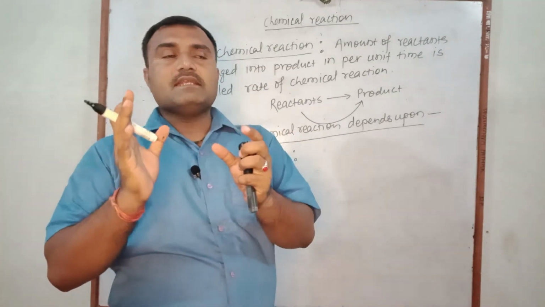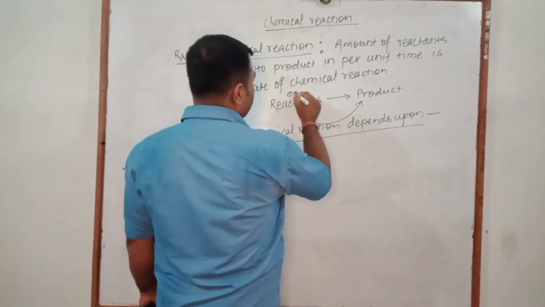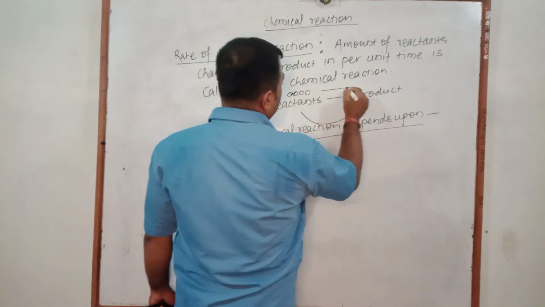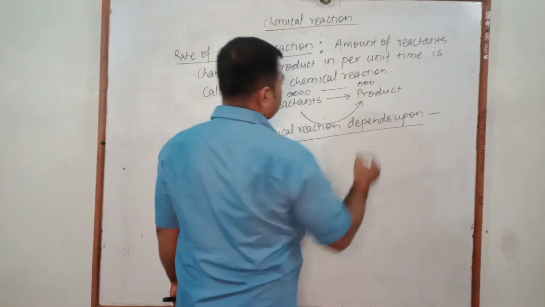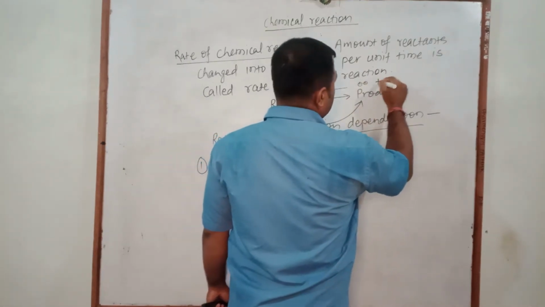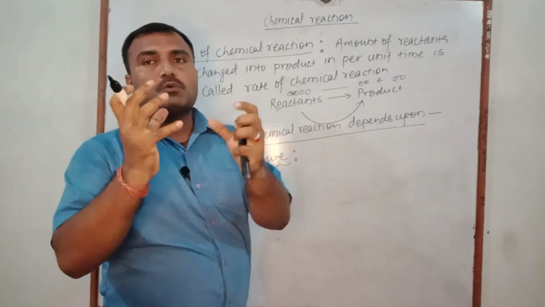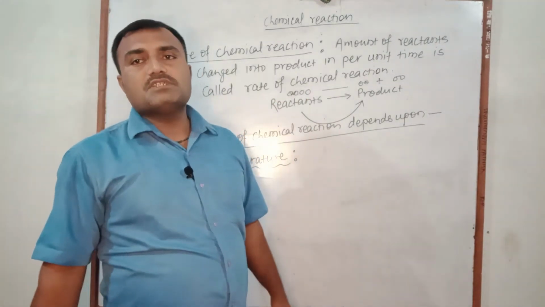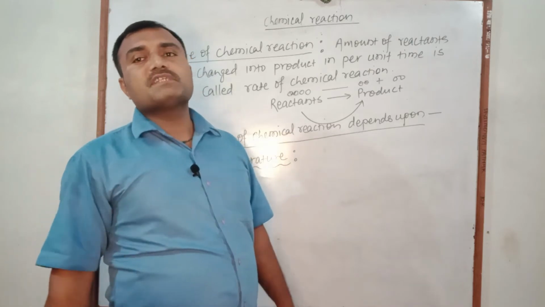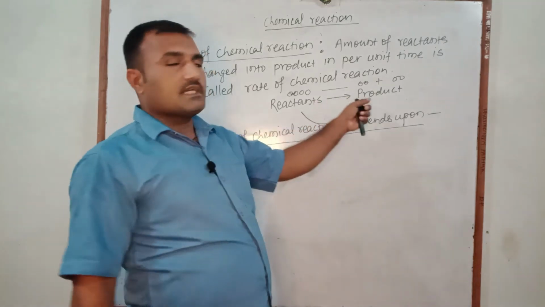As we know, when reactant molecules collide with each other, they give product. That collision causes a new type of substance to form, which is called product.